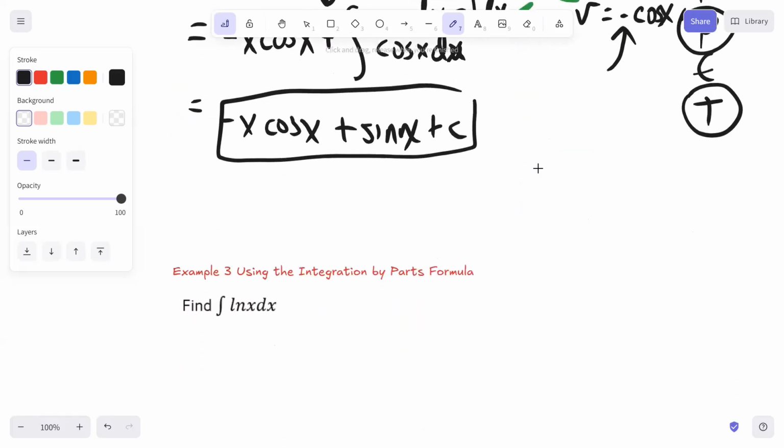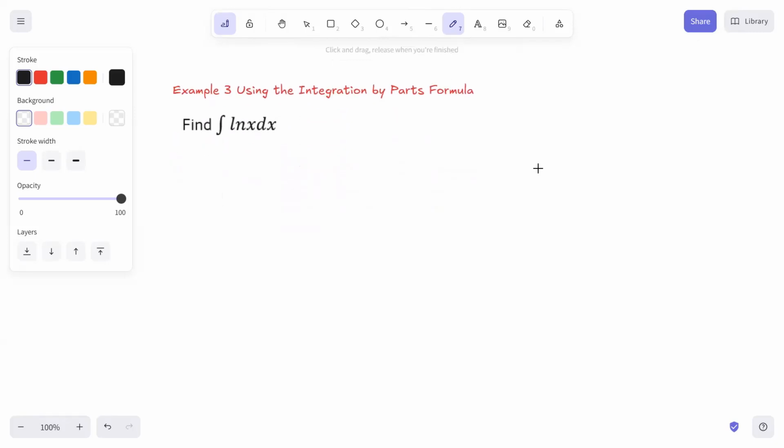So the next one we want to look at is finding the antiderivative of natural log x. So we know how to differentiate natural log, but we don't know the antiderivative. So when we're picking our u and our dv, it's probably going to be that the natural log is our u, because we have to then differentiate that. And what we're trying to do is integrate it, and we don't know how, but we can use integration by parts here.